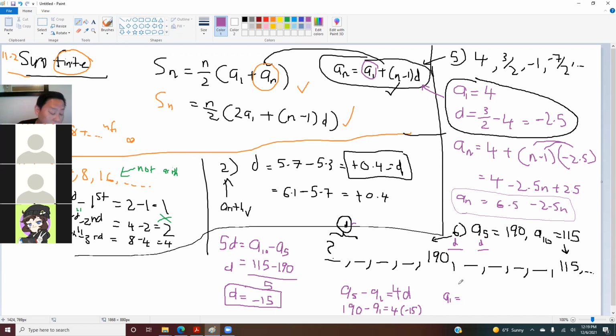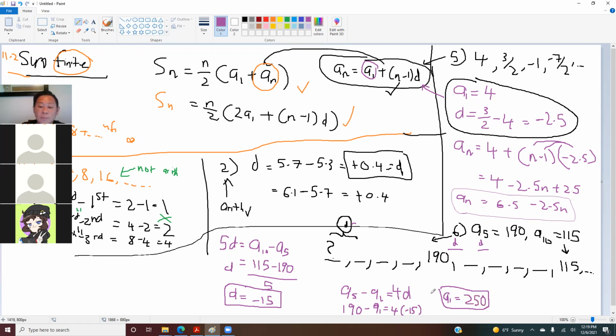So what is A1 here? So for A1, 250. 250.